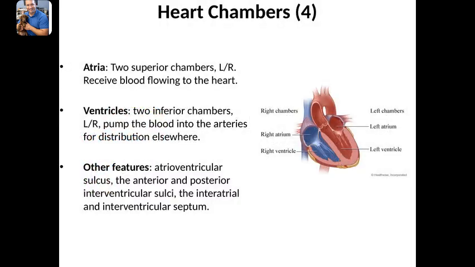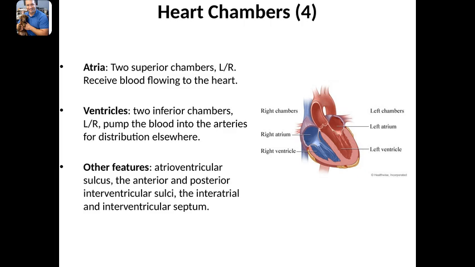Four chambers, the atria and the ventricles, right and left. So right atrium, left atrium, right ventricle, left ventricle. And then there are some features that separate these things. If you could take an actual heart, draw like an emoji heart, and slice it, put a crosshairs in the middle of it, you can basically create these chambers and see that they have some walls in between them.